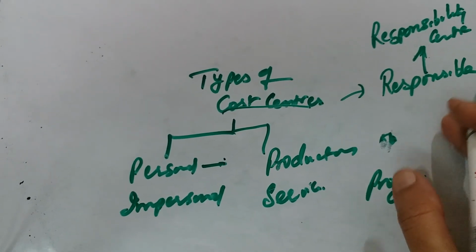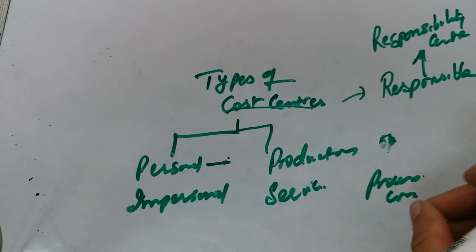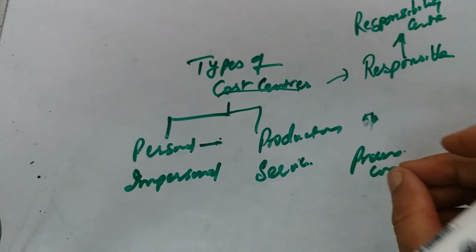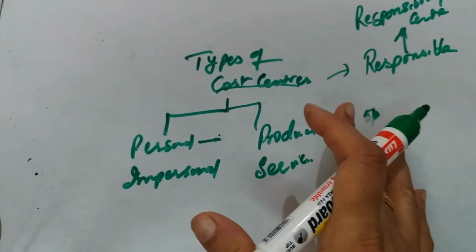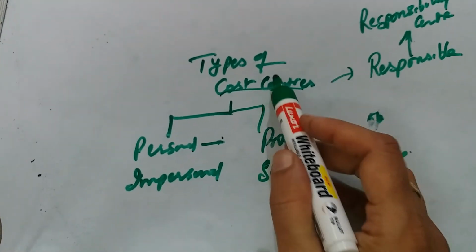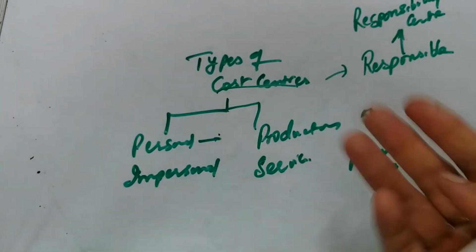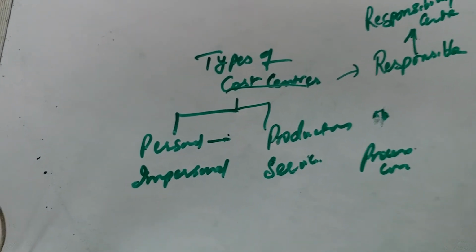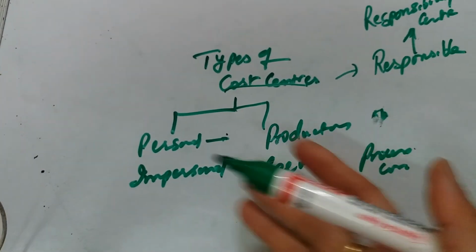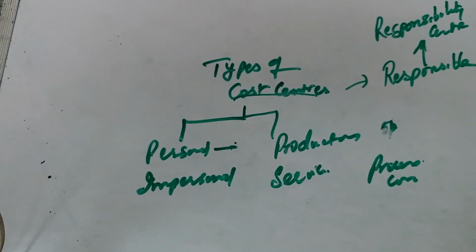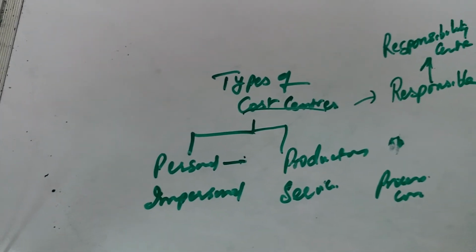And of course, if we want any sort of change at any time, or want to incorporate certain new policies, if we have good cost centers made, they can easily adapt to the changes. But the limitation is that sometimes it can lead to an increase in expenditure, because we are creating so many people who are responsible, so it can lead to an increase in cost.